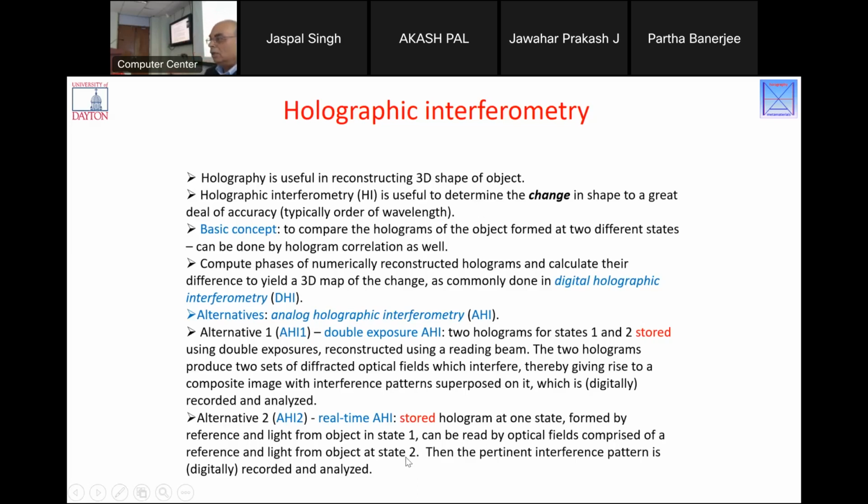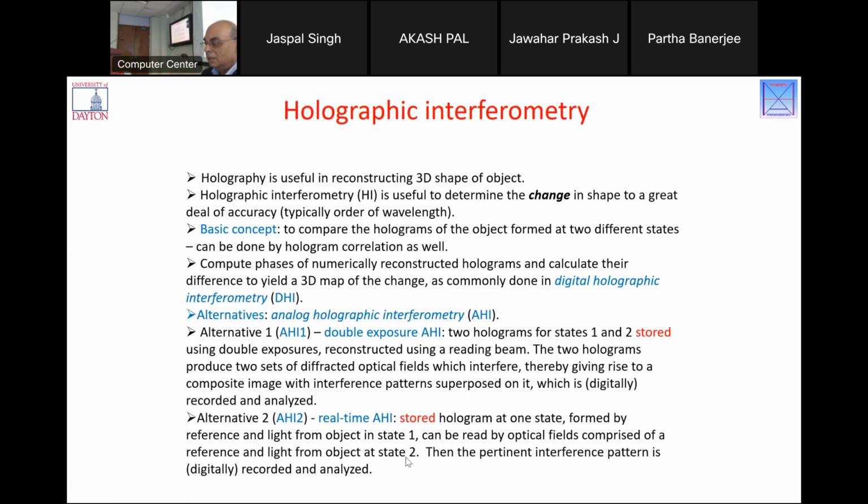So you make a hologram with reference and object at state one. You store that one. Then you read it out simultaneously with the same reference and from the displaced object.